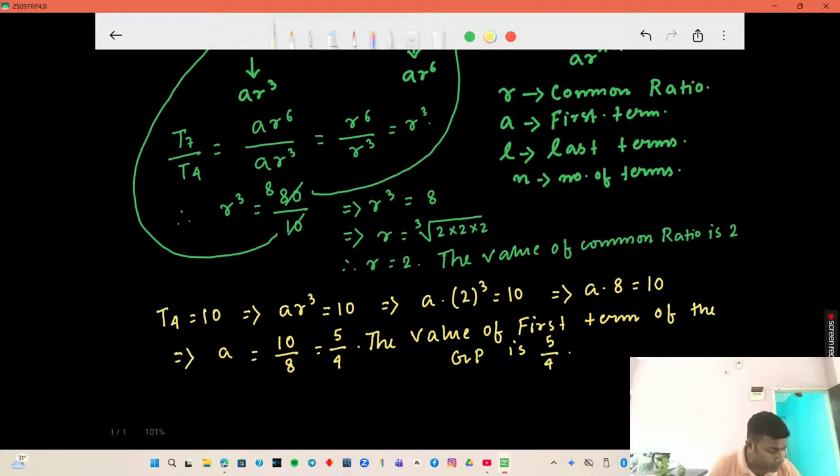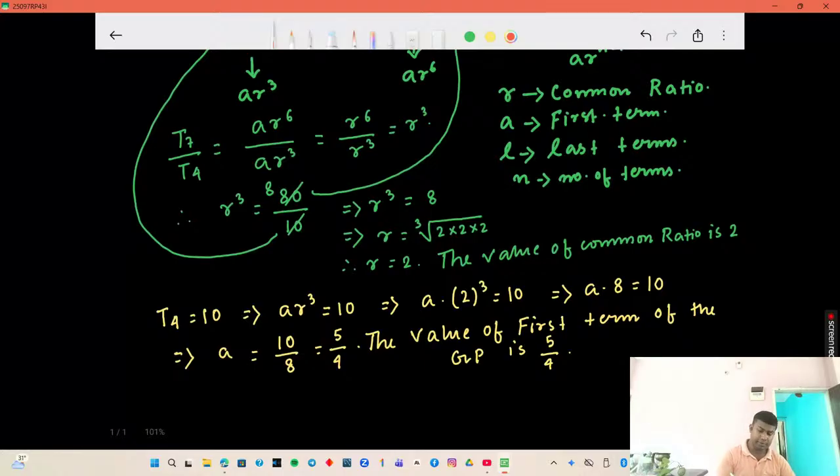So now what do we have to find? We have to find the number of terms. So in order to find the number of terms, we have to use the formula of the last term. And what is the formula of the last term?